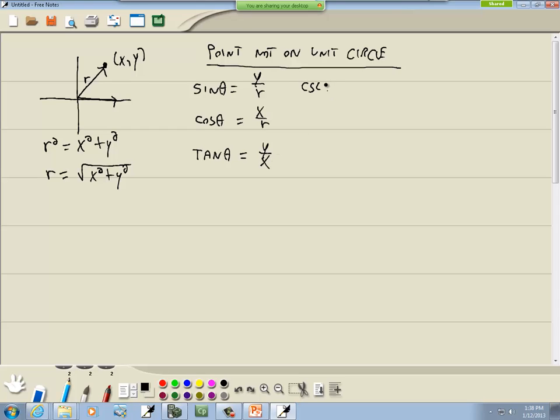Now cosecant is the reciprocal of sine, so if sine is y over r, this will be r over y. Secant is the reciprocal of cosine, so if that's x over r, this will be r over x. And cotangent is the reciprocal of tangent, so if this is y over x, this is x over y.